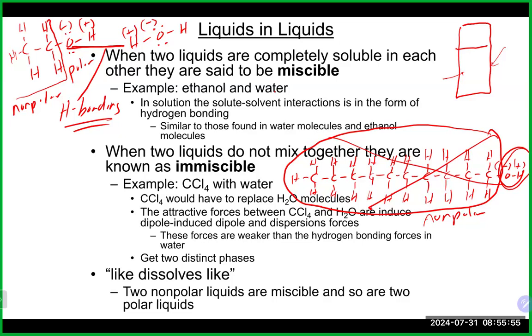So when you have something that's organic and has an OH group, when you hit about five carbons or so on the back end, five or more carbons, the solubility really drops to almost nothing because the nonpolar part just gets in the way.